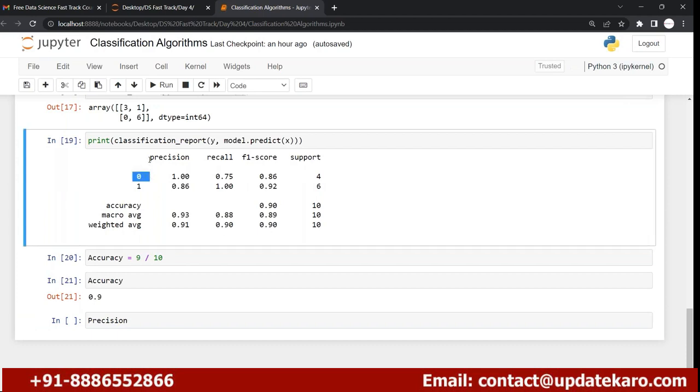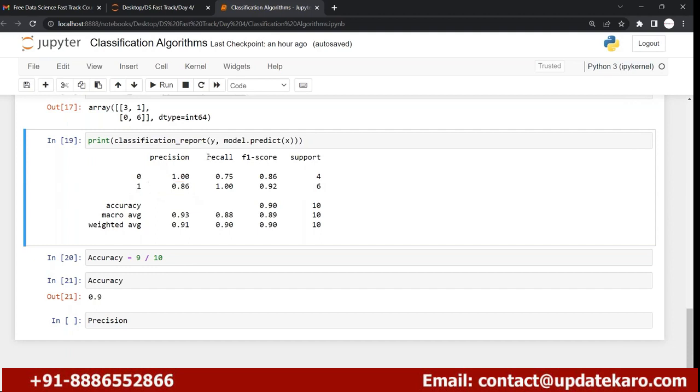So precision in short is the accuracy of your class, either class 0 or class 1. For this data, the precision, which means the accuracy for class 0, is 100%. For class 1, there is 86% accuracy. The model is able to predict class 1 values 86% of the time.